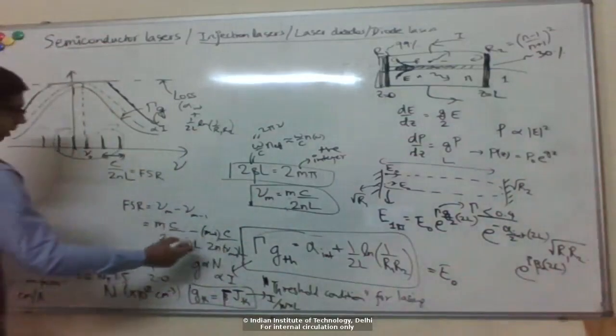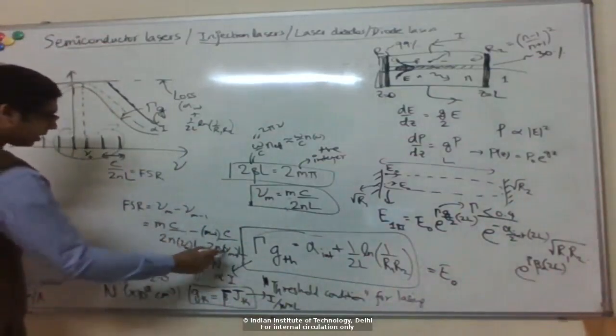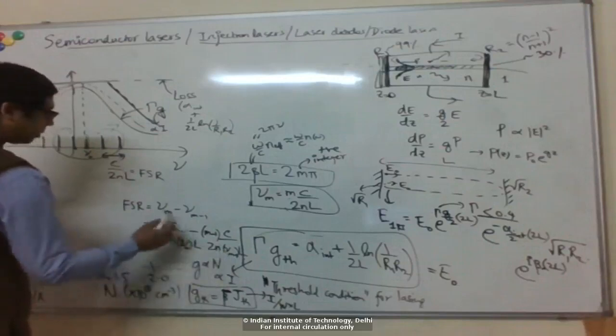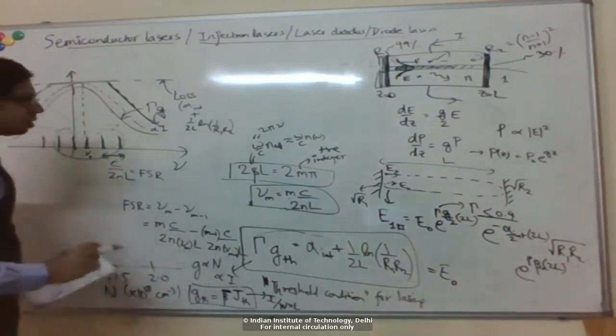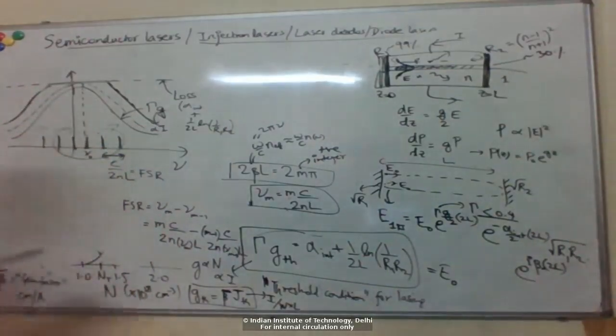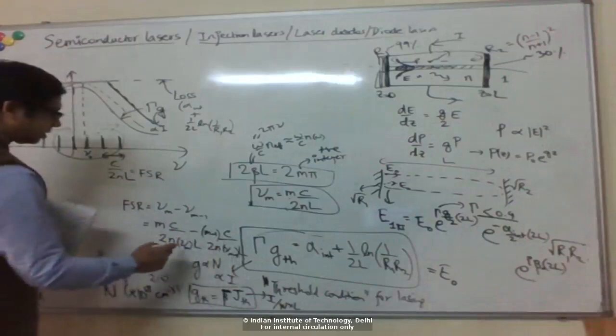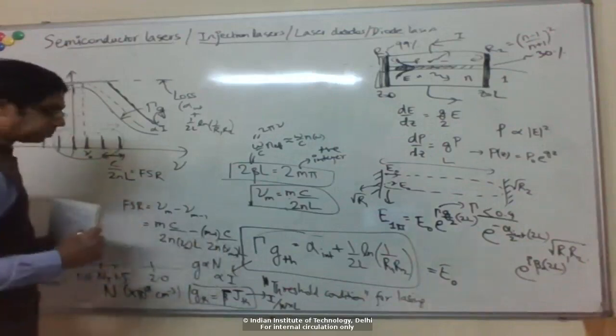So you can do the math here and make an approximation that the refractive index difference between these two adjacent modes is very small compared to the absolute refractive index, and you can do a Taylor expansion of the refractive index about nu m to find nu m minus 1.